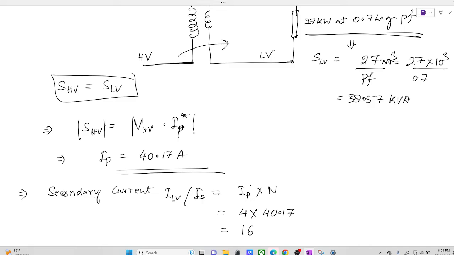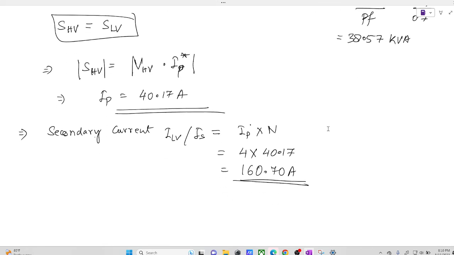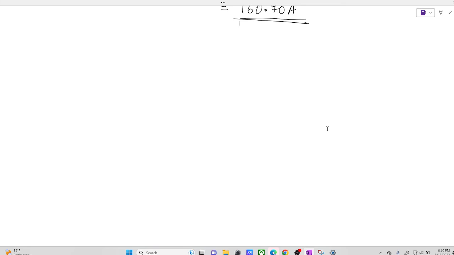Similarly, the secondary current you can find out by multiplying with the turns ratio. Now, clear till here? So, we will go with the next question.